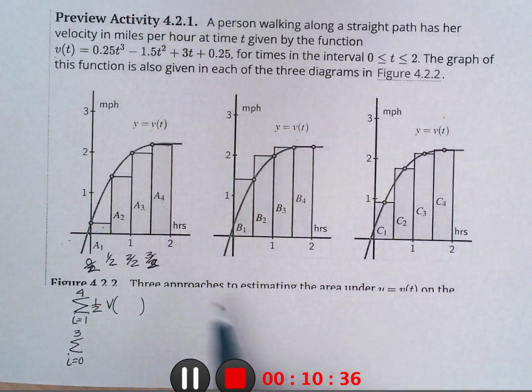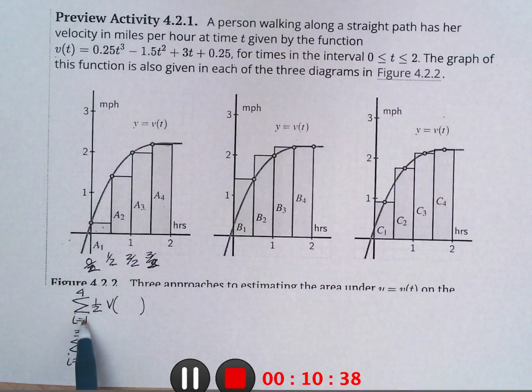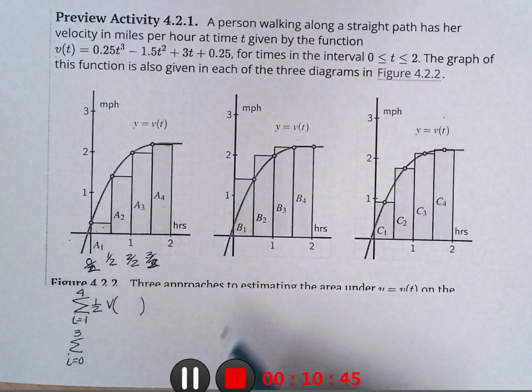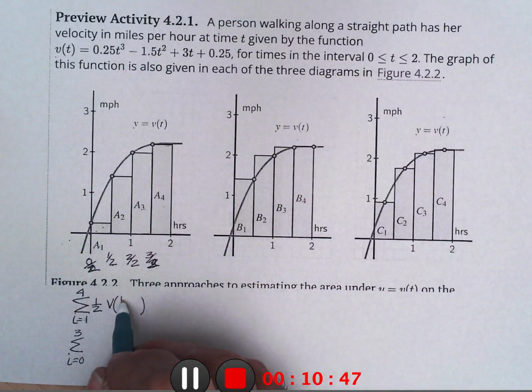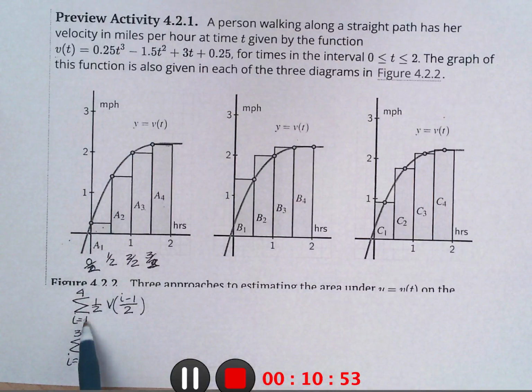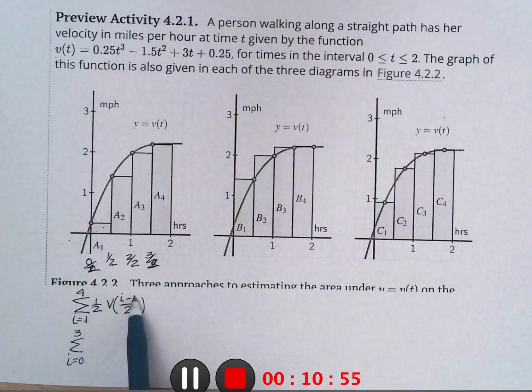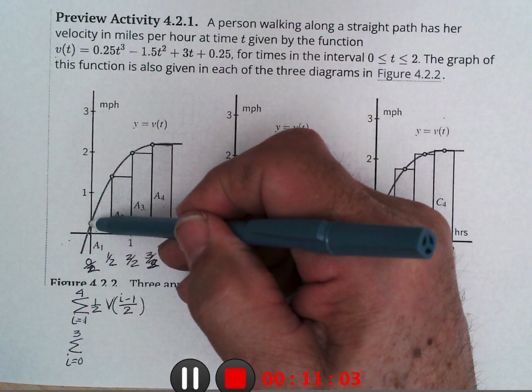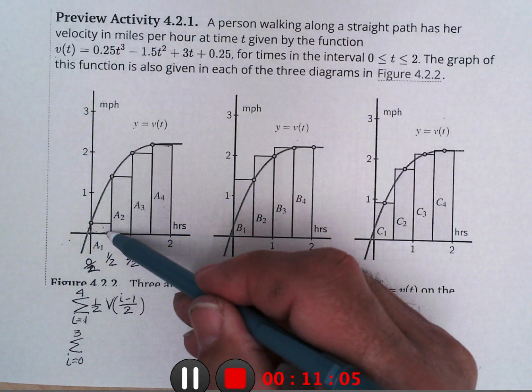Well, if i is 1 to 4, and we notice the numerators are 0, 1, 2, and 3, I could do (i minus 1) over 2. So when i is 1, 1 minus 1 is 0 over 2, and then find V of that number, which would give me this height, times 1/2, and that would be the area of the first rectangle.